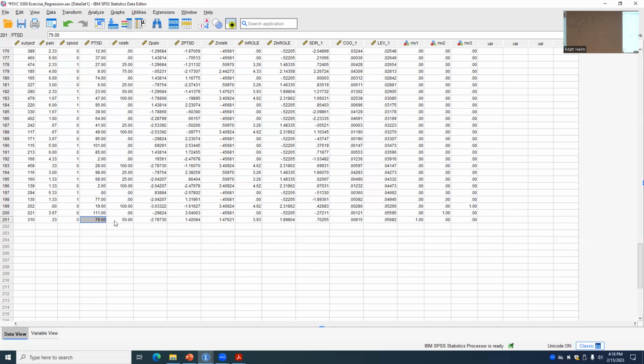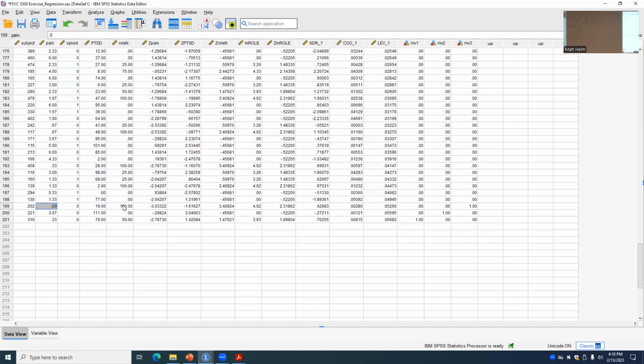If I look at my second case, 221, this was a function of high PTSD. Again, my average value is 50, and this is 111. This is someone at the top of the scale, right? This is a weird value in X space just because it's so extreme on one of these variables, okay? And then the last one, again, was low pain.